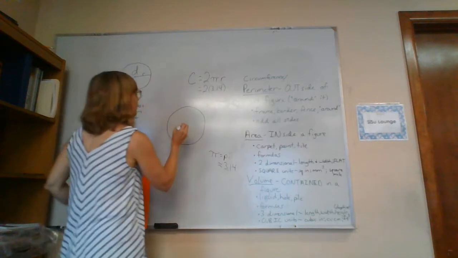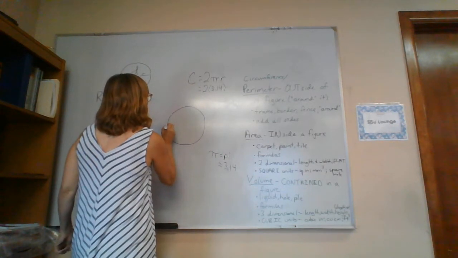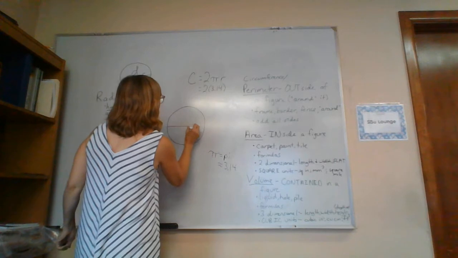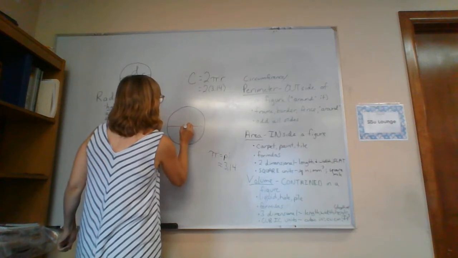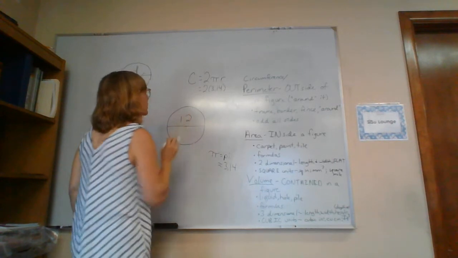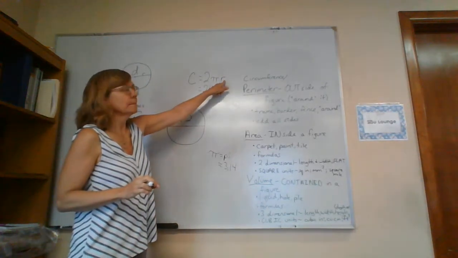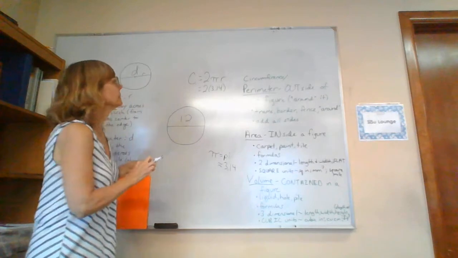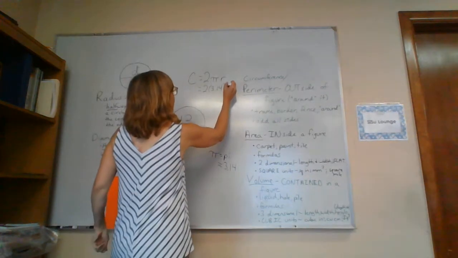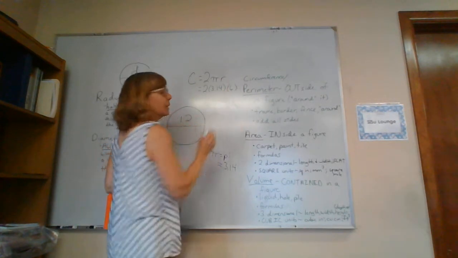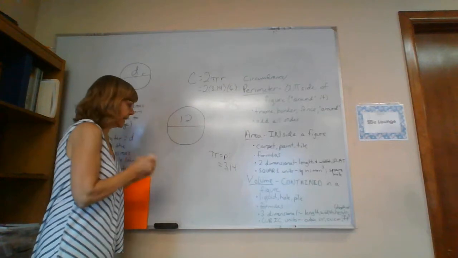So let's say on this circle right here, let's suppose I gave you this, and I told you the diameter is 12. Well, I need the radius, right? So the radius is what? I hope you said 6, because that would be right.